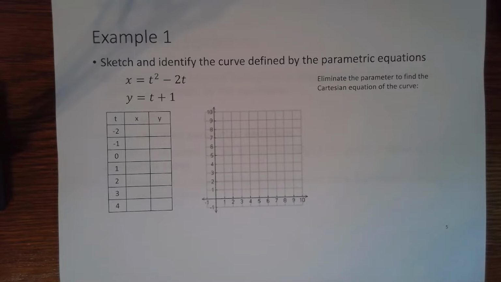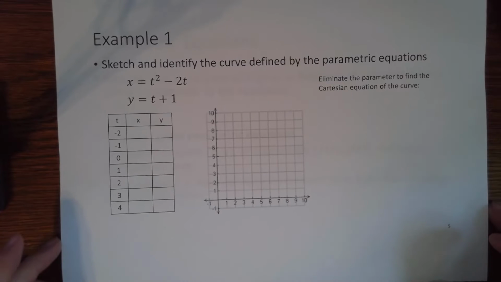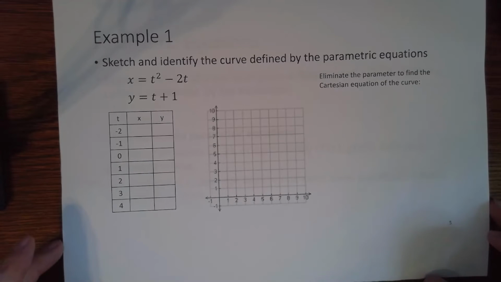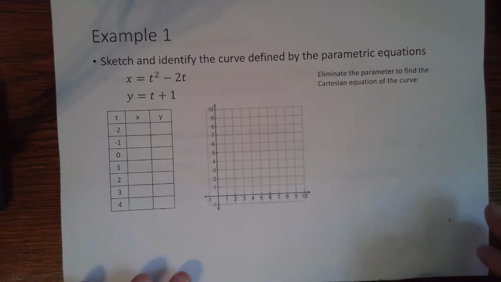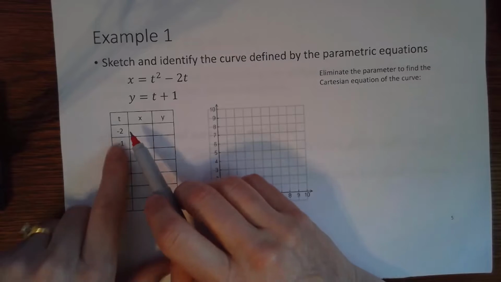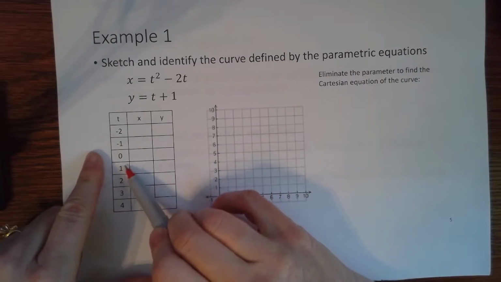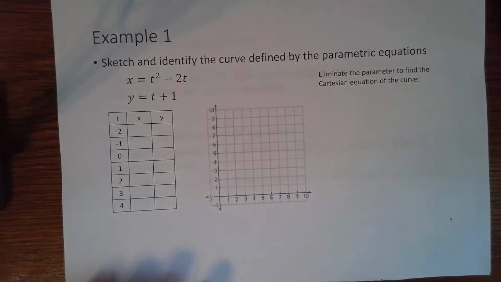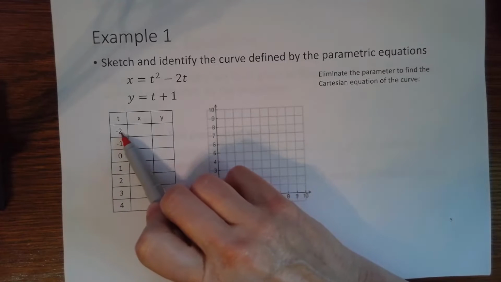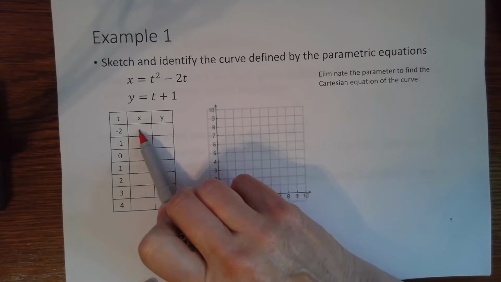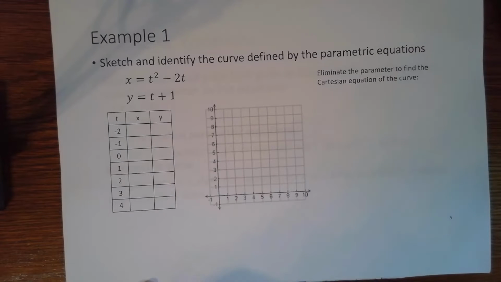We can start by plotting a bunch of different points. I'm going to pick various values of t and put them in a table. For each t we'll get an x-coordinate and a y-coordinate generated by that t value, and we'll plot that.